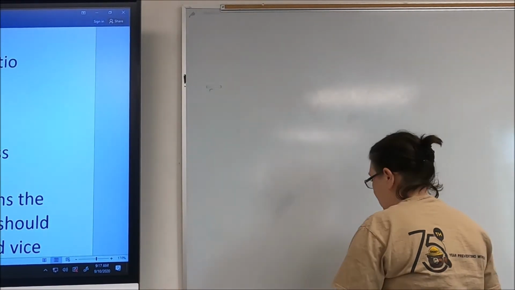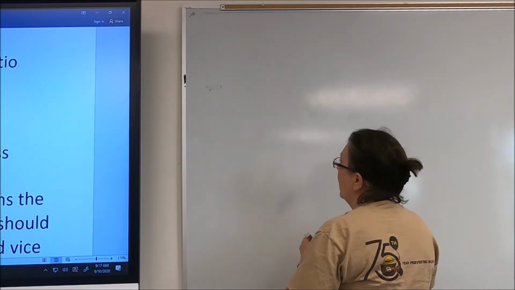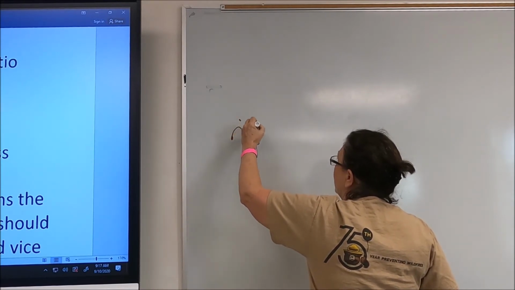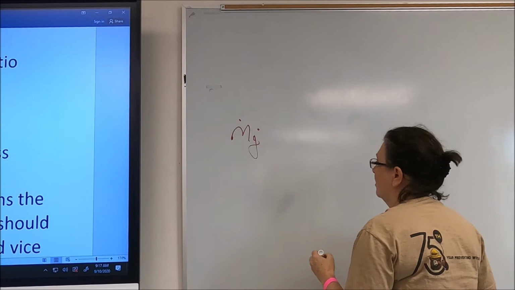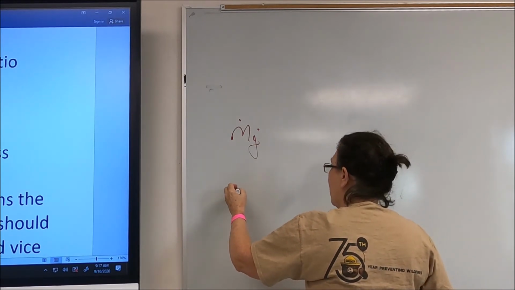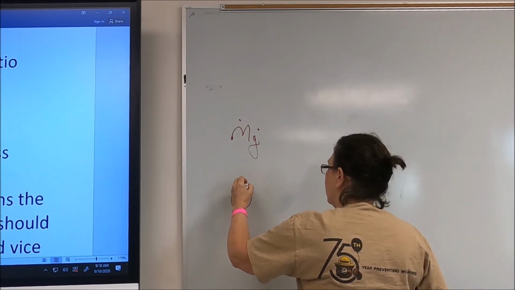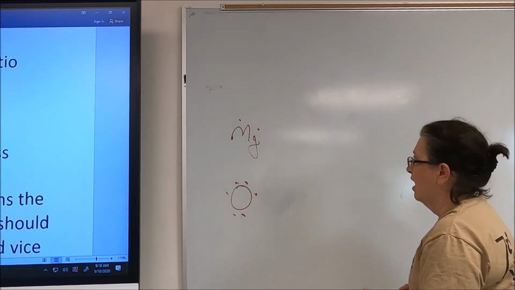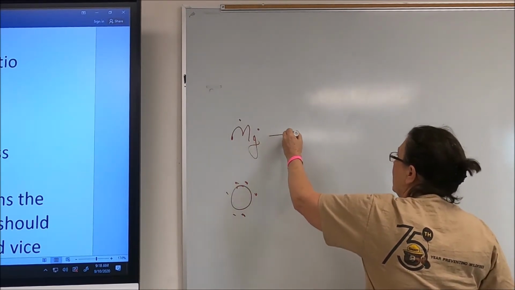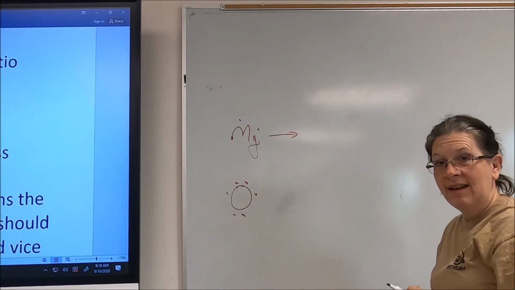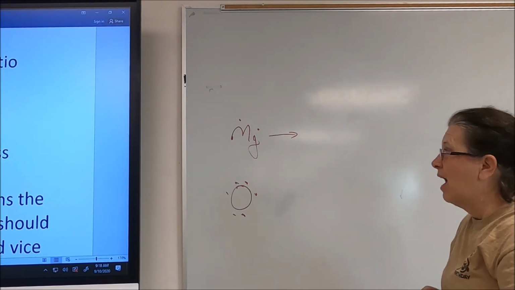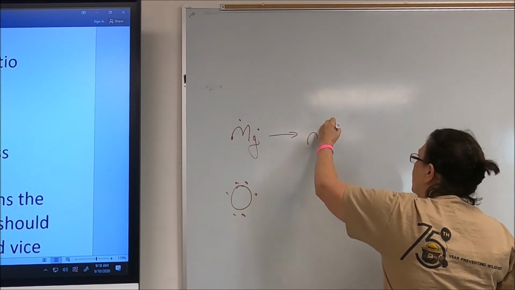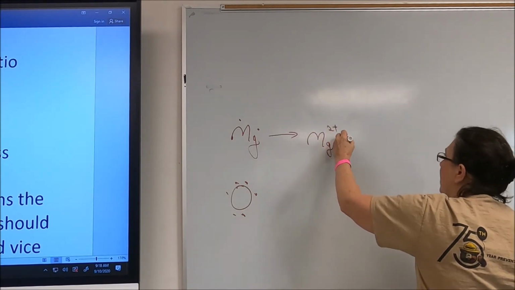Now, if I had the metal magnesium, remember its Lewis dot symbol has 2 dots, and I wanted to combine it with oxygen. Oxygen has 6 dots. I know magnesium is a metal, and so it has a tendency to form positive ions. So magnesium is going to give up those 2 electrons and become 2+.